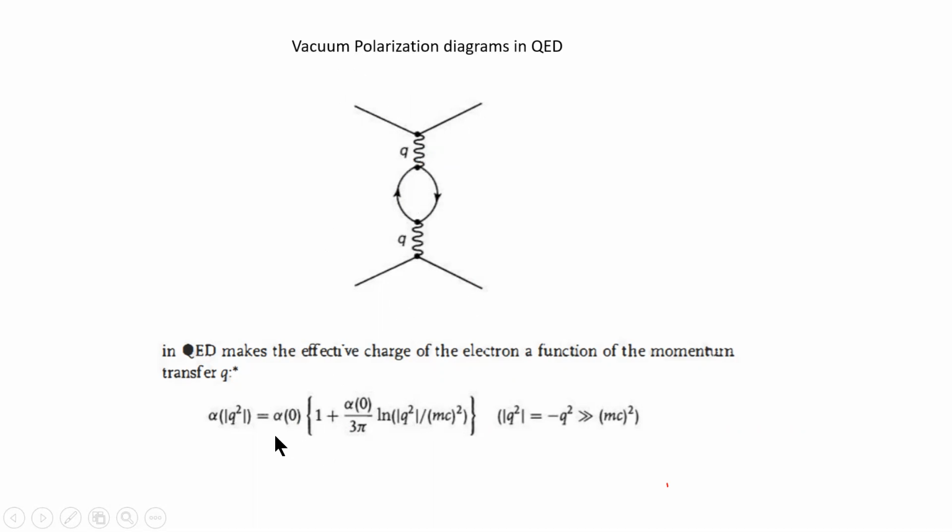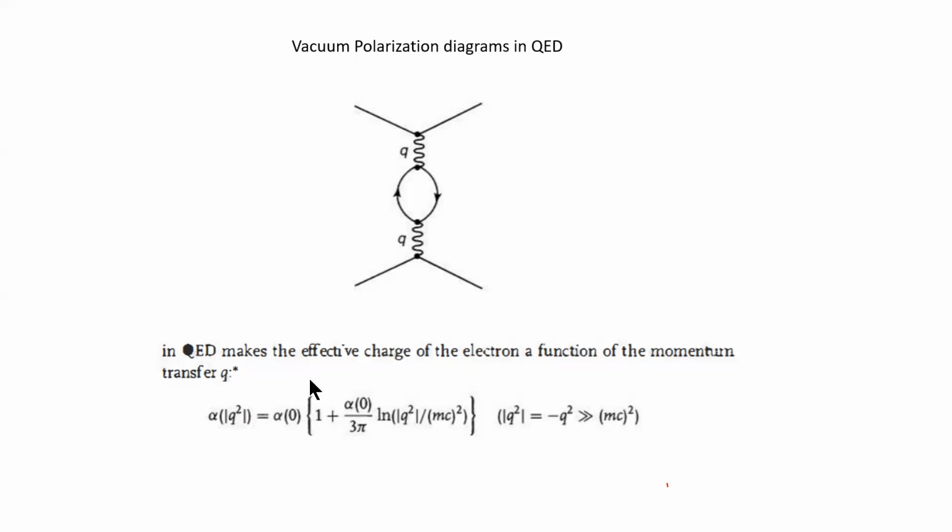So we saw that the higher the momentum transferred in the collision, from this equation we got a relationship where the coupling constant is a function of q, the momentum transfer. Now, as q increases, the coupling constant increases.